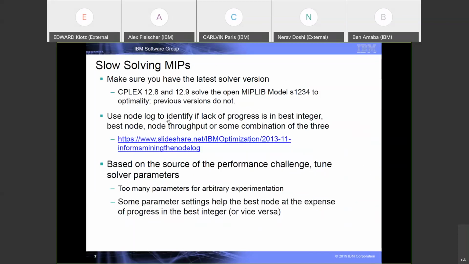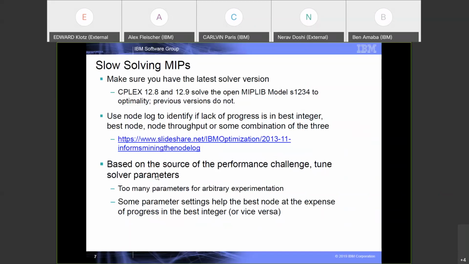But if that doesn't do it, consult the node log like in the previous two slides and determine where the lack of progress is coming from. We have these three categories: best integer, best node, and node throughput, or sometimes some mixture of the three. A deeper dive than what we'll do today appears in the link I provided here, where there's a full 50-minute presentation on this notion of mining the node log to get information.